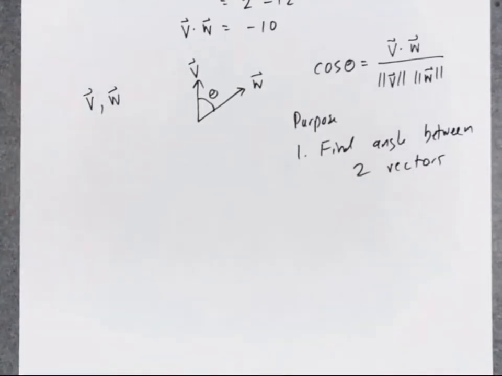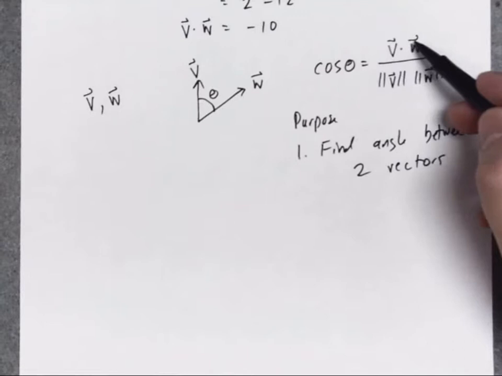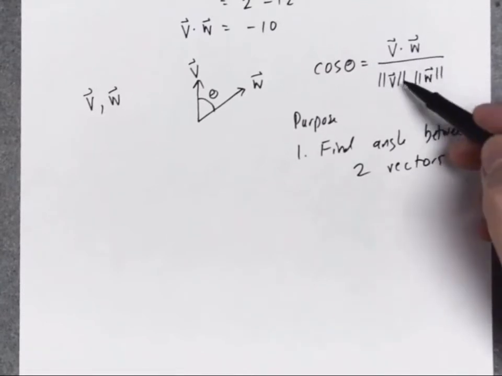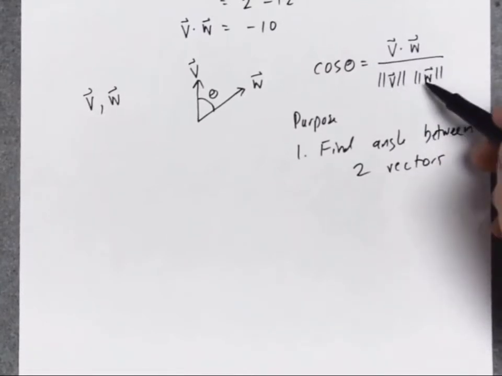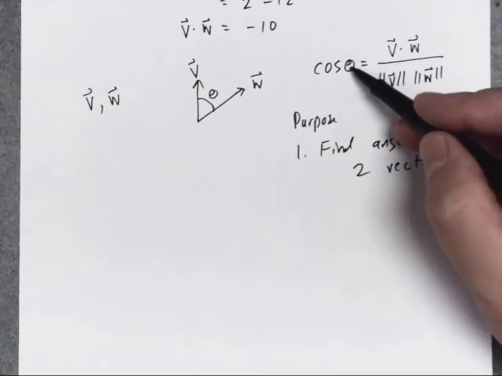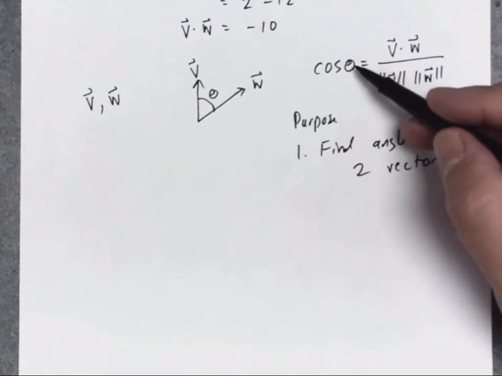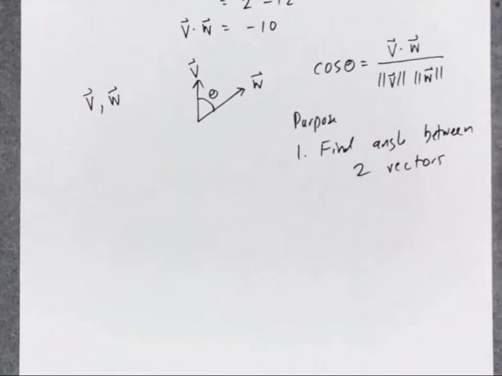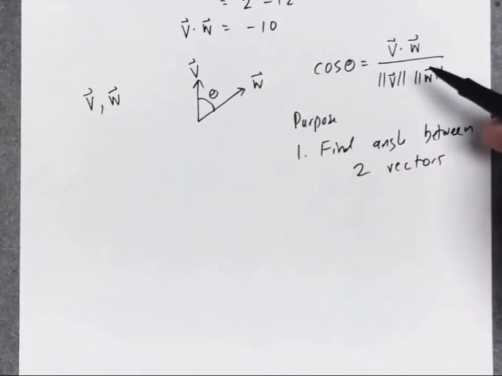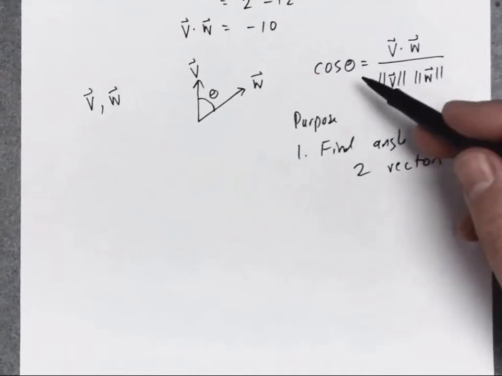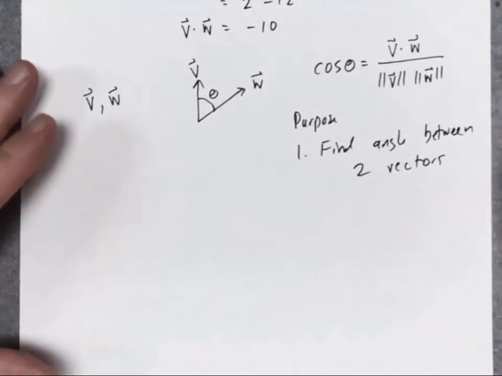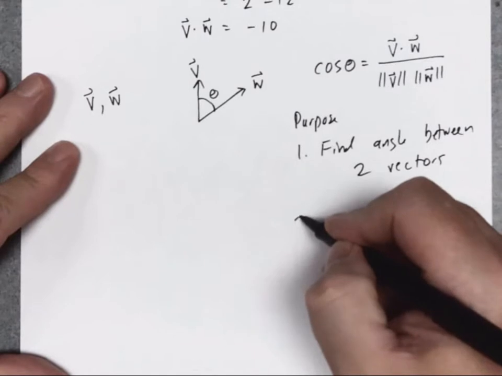If you have two vectors and you want to know the angle in between them, you take the dot product of the two vectors divided by the two magnitudes multiplied, and that equals the cosine of theta, which is the angle between the vectors. Then theoretically, if you take the inverse cosine of both sides, you would have the angle. So we'll do a couple of examples where this formula allows us to find the angle between the two vectors.